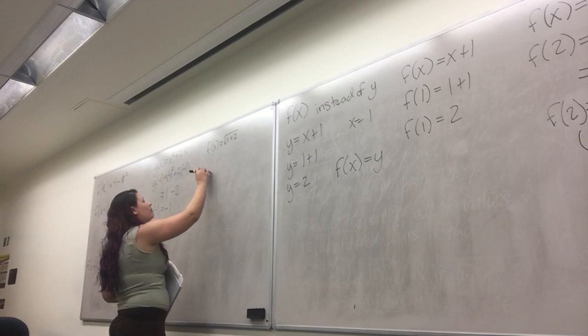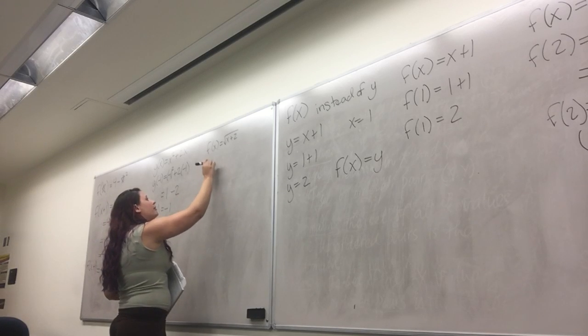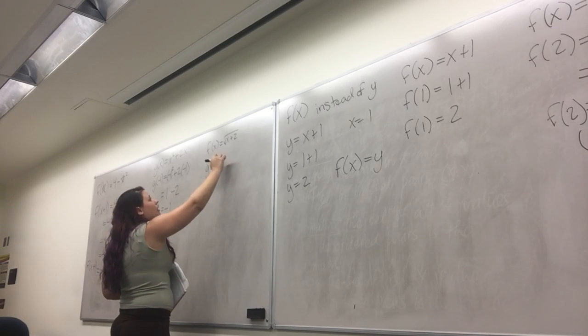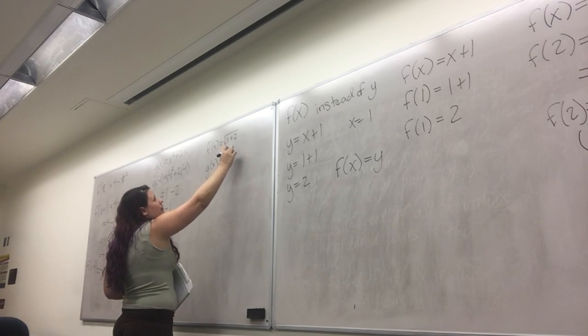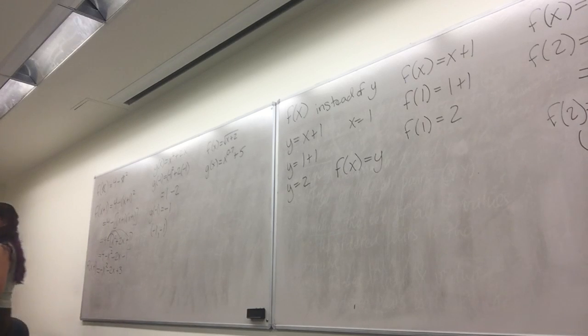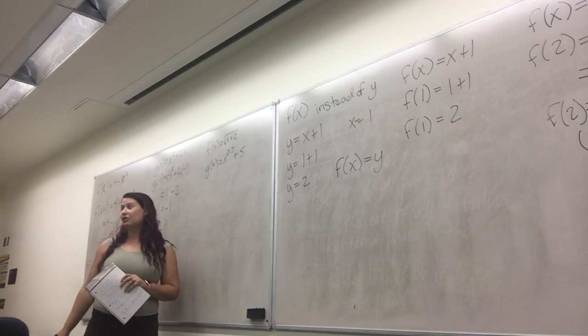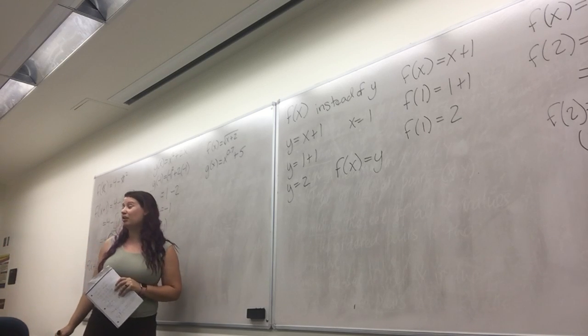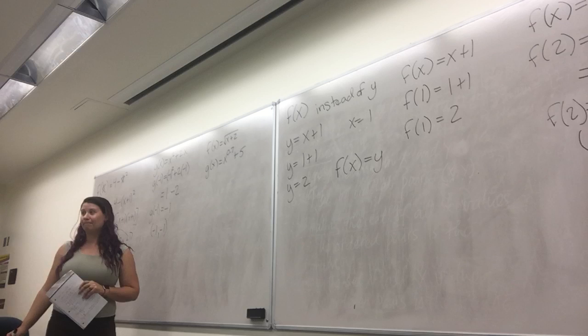What about g of x equals x to the 0.7 plus 5? It's not an integer degree, so this would not be a polynomial, right?